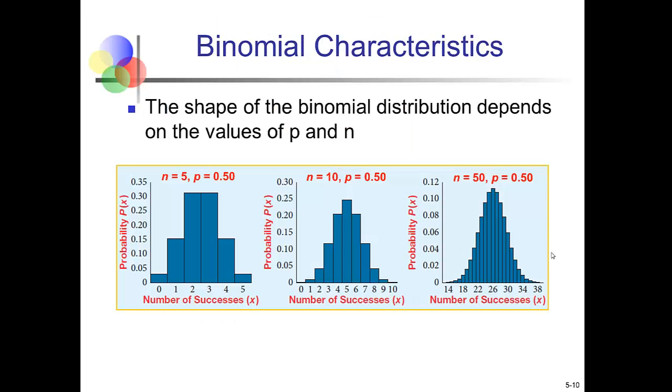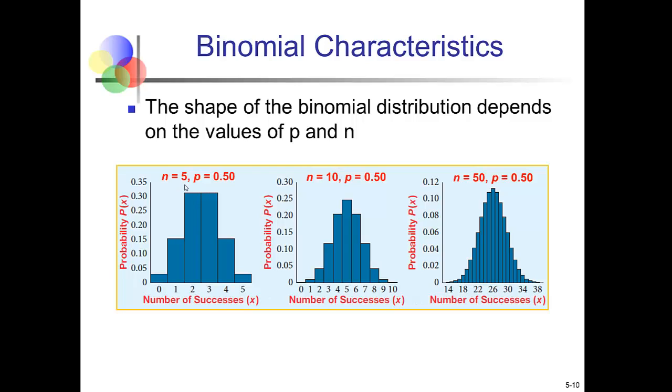So let's start to see that mean and standard deviation in application here, and note some other characteristics of the binomial probability distribution at the same time. The shape of the binomial probability distribution depends both on the value of p and on the value of n. So you notice if we have n equals 5 trials, and the probability of success is 0.5, our distribution will be centered at 2.5.